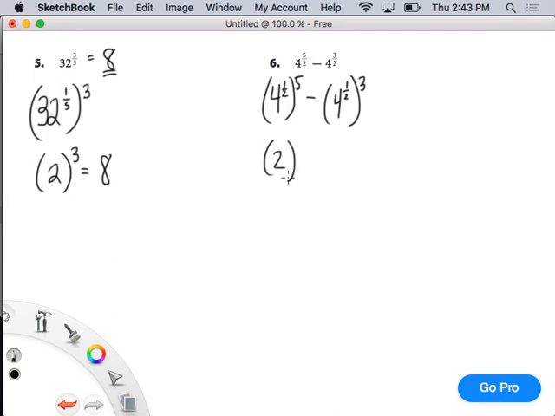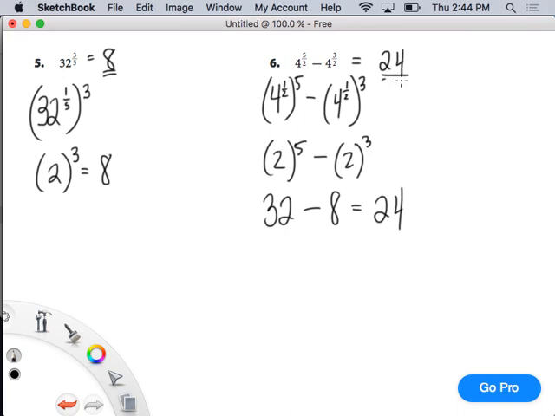Square root of 2 to the 5th minus, again, square root of 2 to the third. 2 to the 5th power, 2, 4, 8, 16, 32. Minus 2 to the third, 2, 4, 8. 32 minus 8 is 24. And we're done. Make sense? Any questions on this?